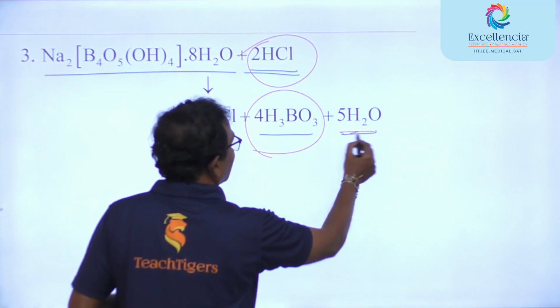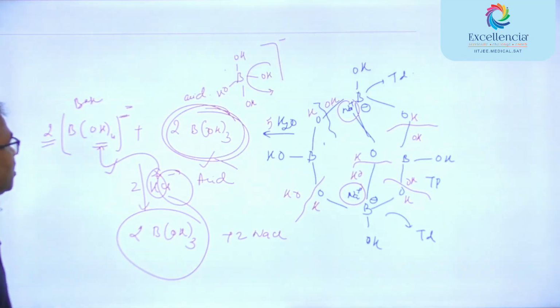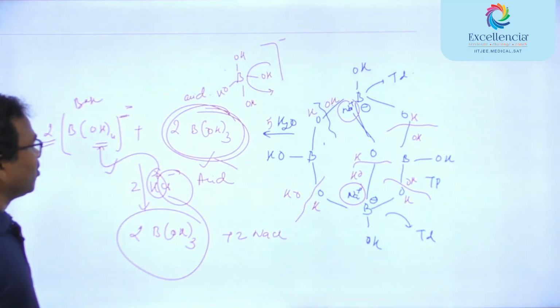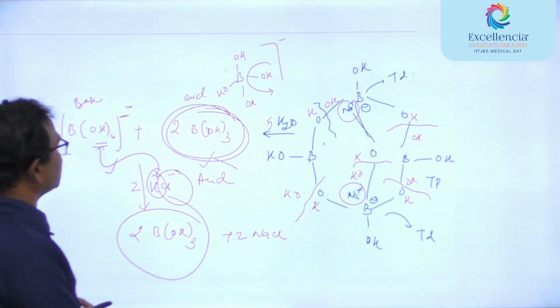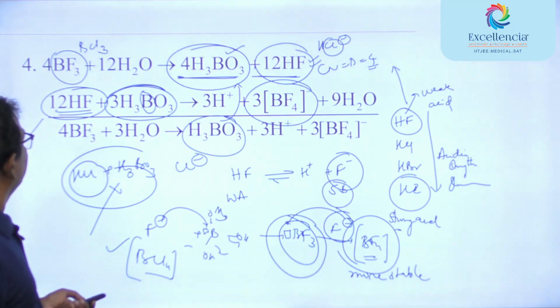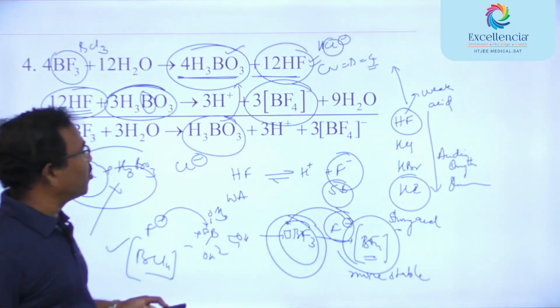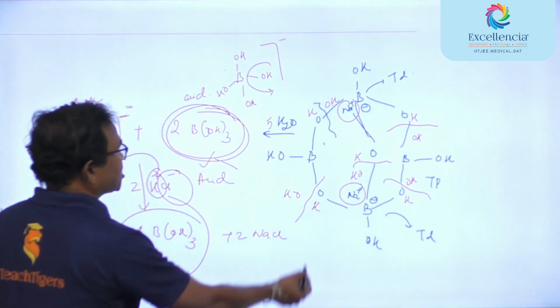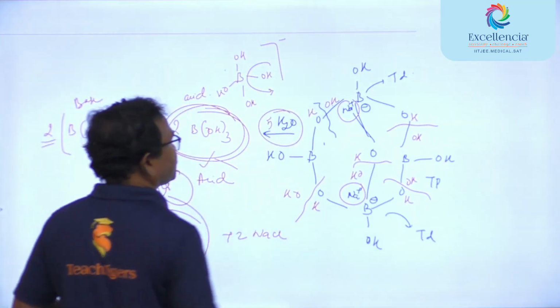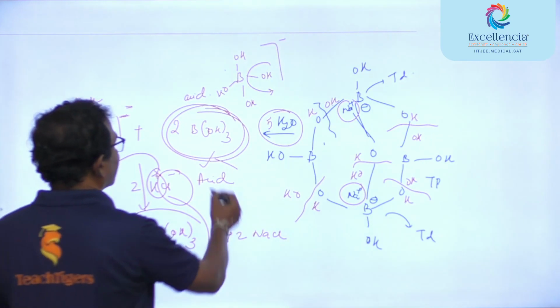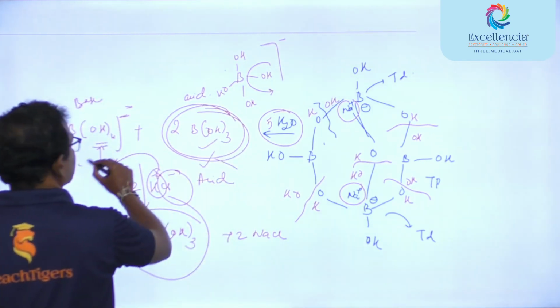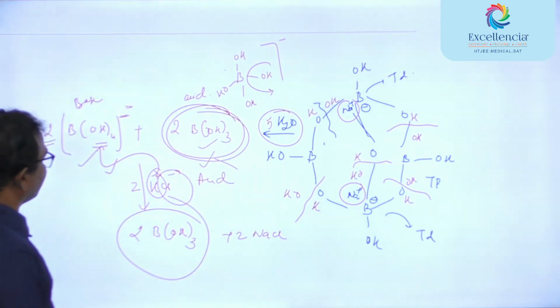5 waters are coming out. Where are these 5 waters coming from? In the first step, how many waters have we used? In the first step, we have used 5 waters, giving rise to boric acids and to this. And how many waters are formed further?